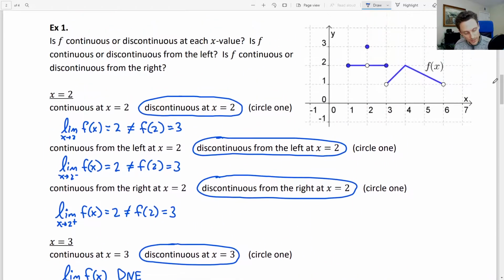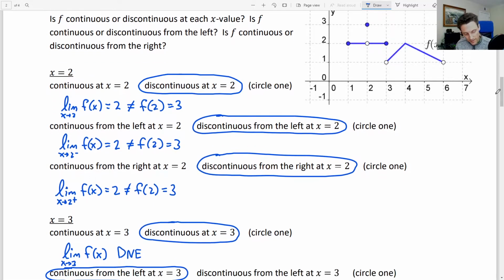And if the function is discontinuous at a given x value, well, there it kind of depends on what sort of discontinuity you have. Like in our first example with x equals 2, we had that the limit actually existed, and there was a dot up here.